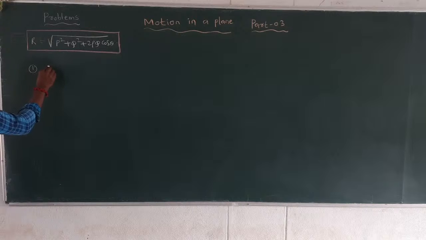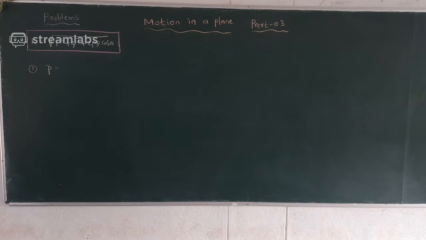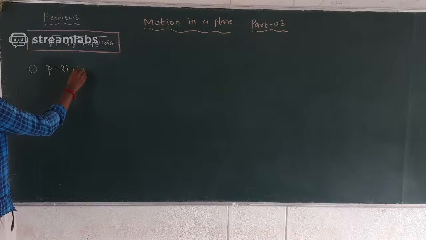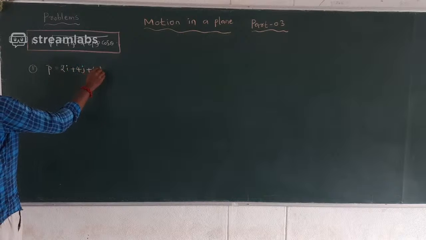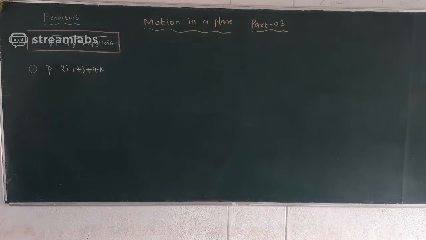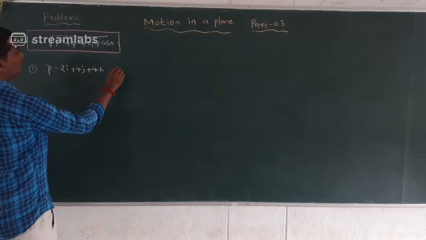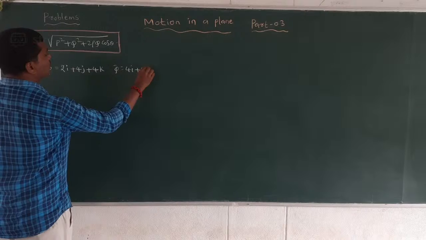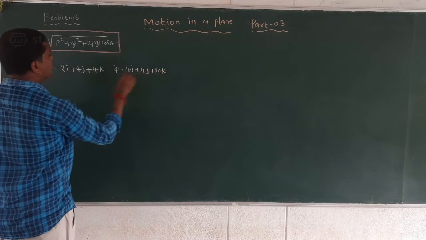Let us take the first problem. If a vector P bar is equal to 2i plus 4j plus 4k, this is the first vector. And the second vector Q bar is equal to 4i plus 4j plus 10k.